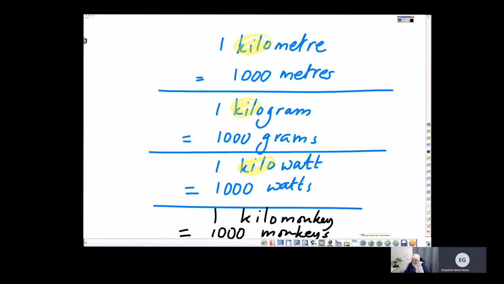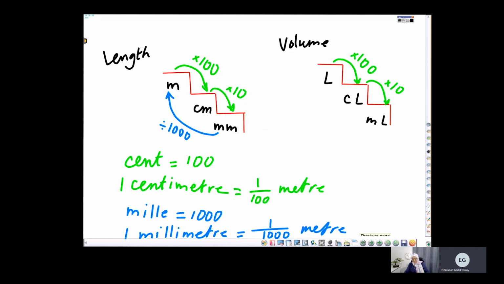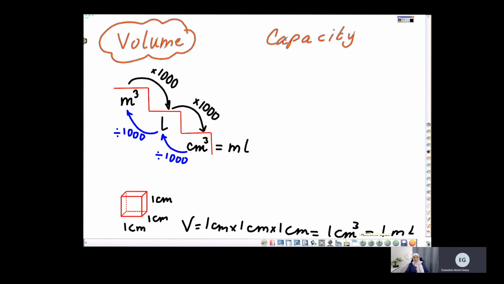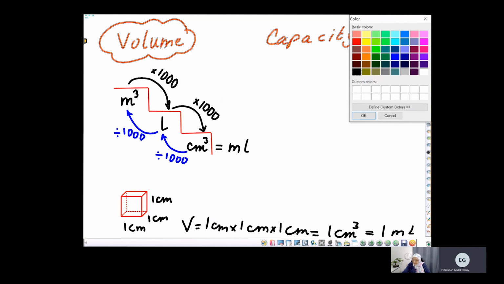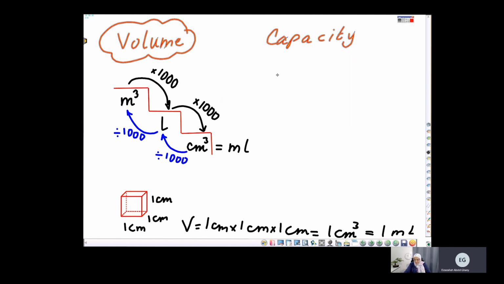Now let's go to the liter and the centiliter. Now we spoke about the volume here, and we need to make some examples. If we have, for example, 8.63 liters and you want to change them into milliliters. Let's have another example: 28.4 centiliters and we want to change them into liters.